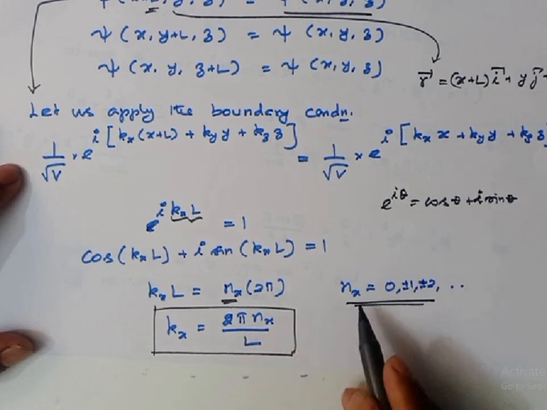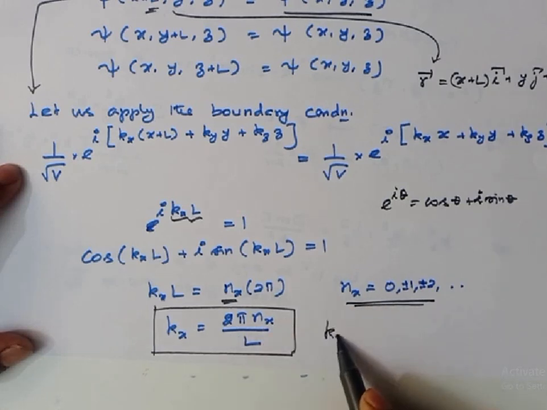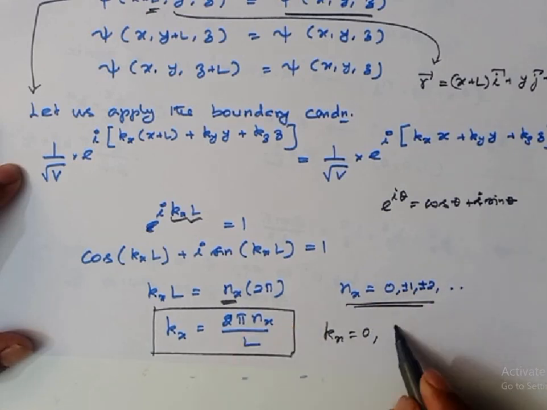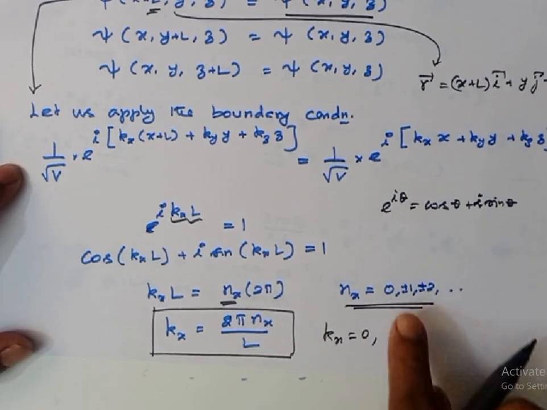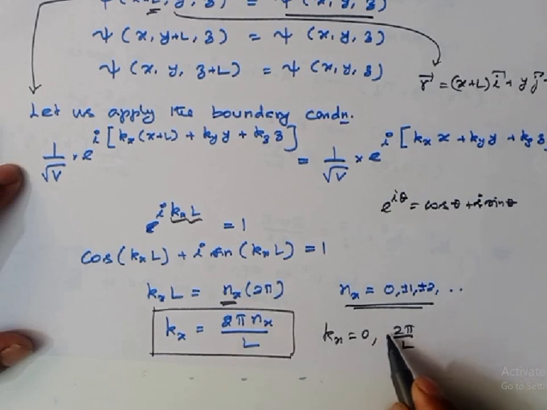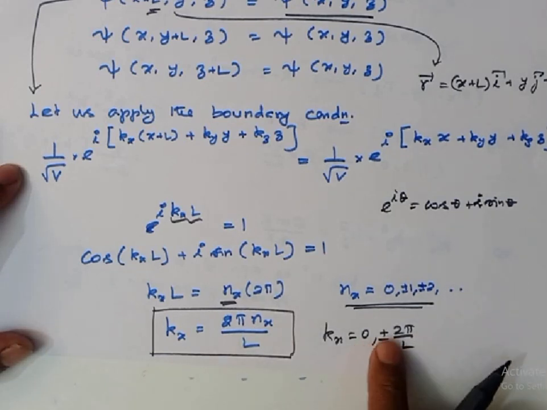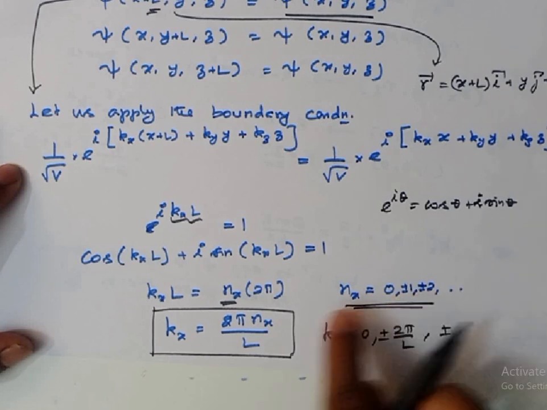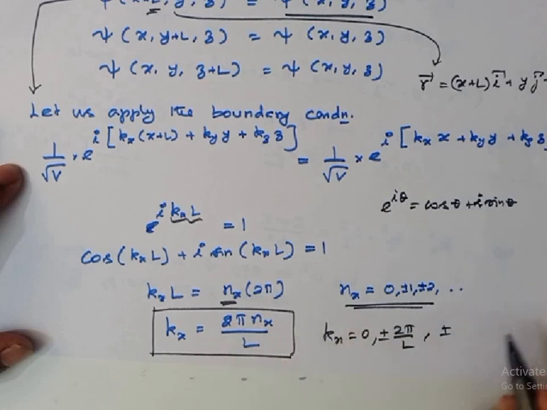So what are the values of kx? If I put nx equal to 0 here, I'll get kx equal to 0. If I put nx equal to plus 1, I'll get 2 pi by L. If I put nx equal to minus 1, I'll get minus 2 pi by L. So the allowed values of k are 0, plus or minus 2 pi by L, and if I put n equal to 2, 2 into 2 is 4, plus or minus 4 pi by L, and it goes like that.